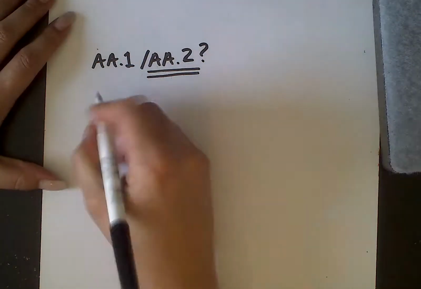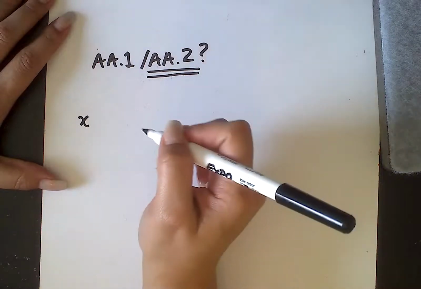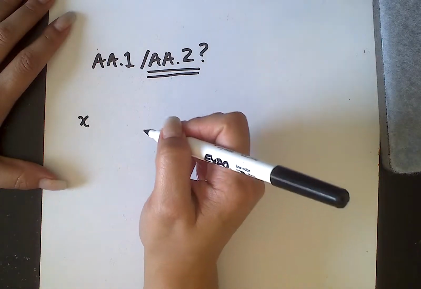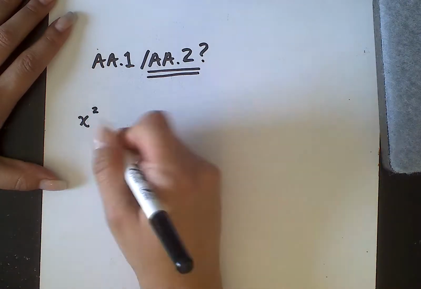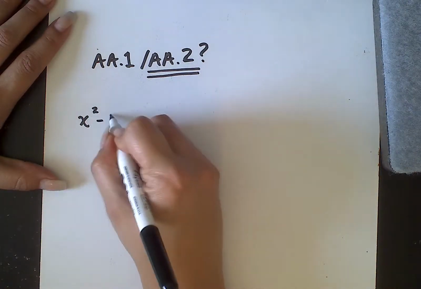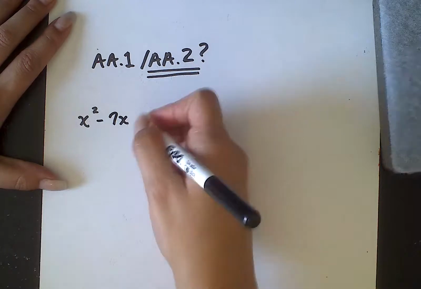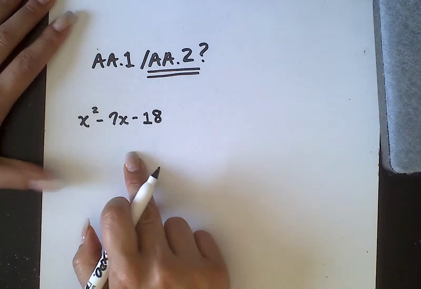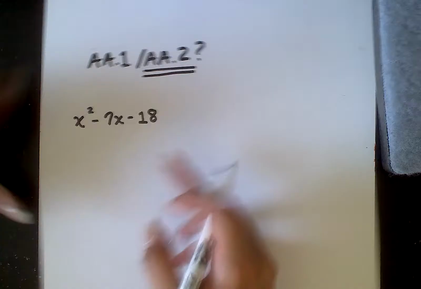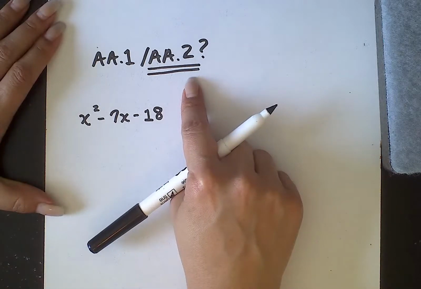What I would recommend is numbers 1 through 5 or numbers 1 through 4 are the easier ones. So you have x squared minus 7x minus 18. Once I finish this one, I'm going to let you work on the next 3 on your own, Russell, and then I'm going to come back and help everybody else with double A2, okay?